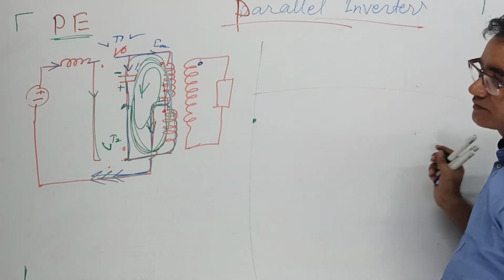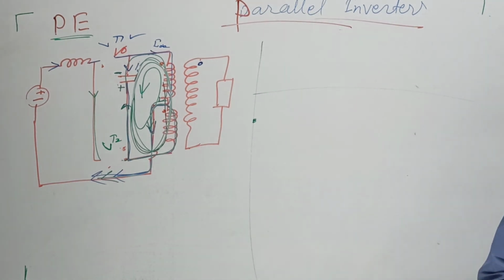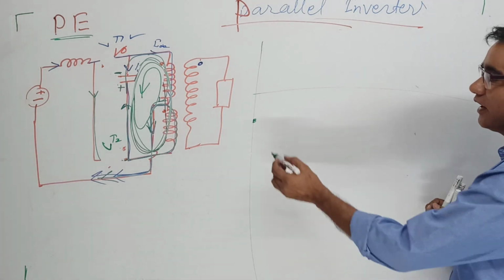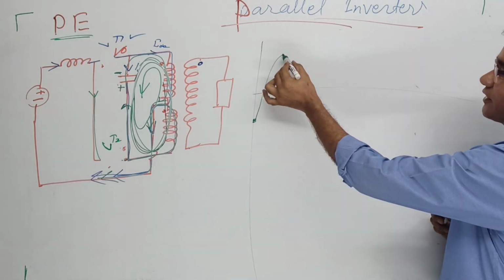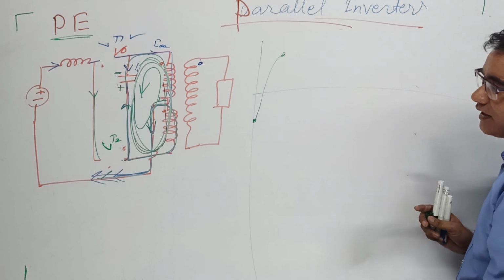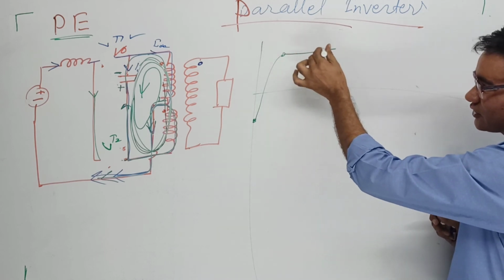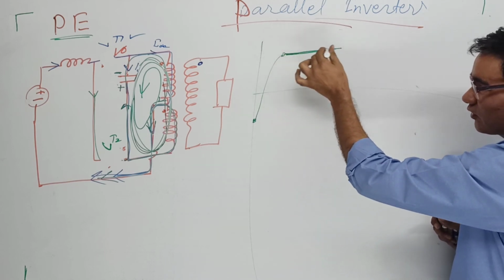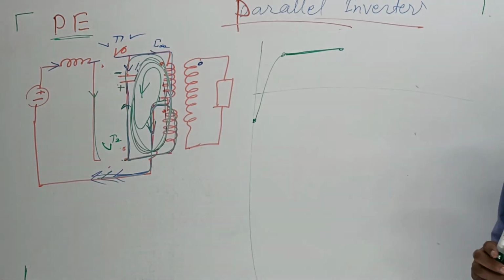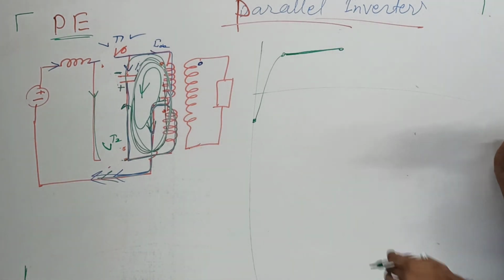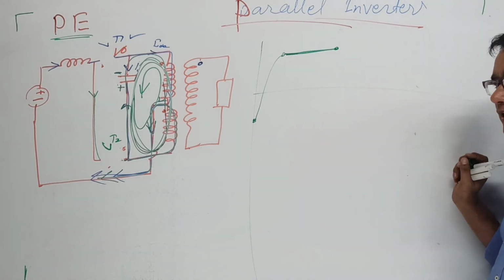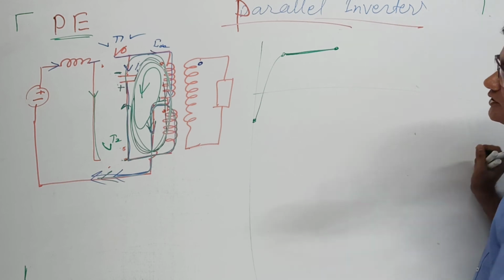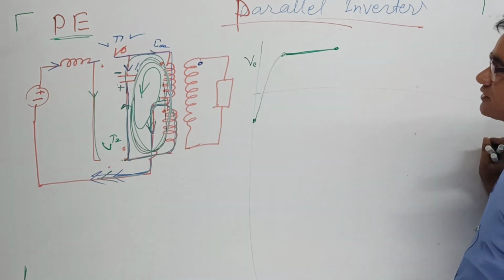That capacitor voltage changes to this one, and it remains constant for the whole operation of the positive stroke. It does not carry the current; it takes the current for a smaller duration. This is the capacitor voltage.